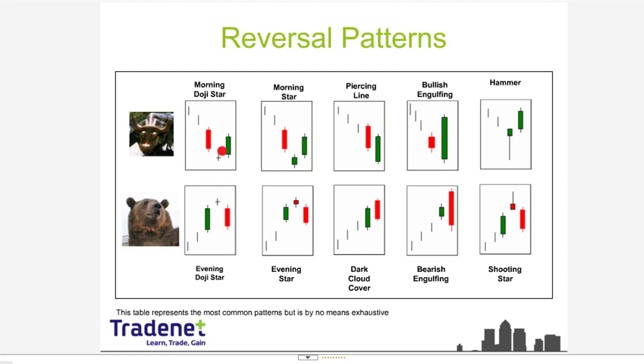For example, if I'm watching a morning doji star, which is an upside reversal, you can see the price is moving lower, then stops right around here and moves higher. So we're seeing here a reversal, but it's a reversal within a downtrend.